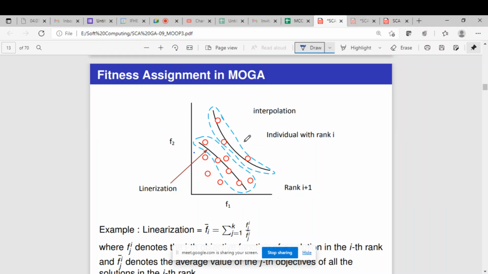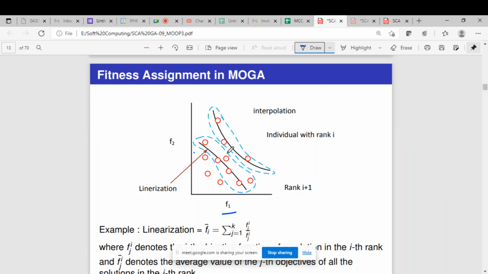Say a particular objective function is represented like this. Now if you see, these individuals are not dominated. Say the objective is to maximize f1 and f2. Now you can say that these individuals are not getting dominated by anybody.